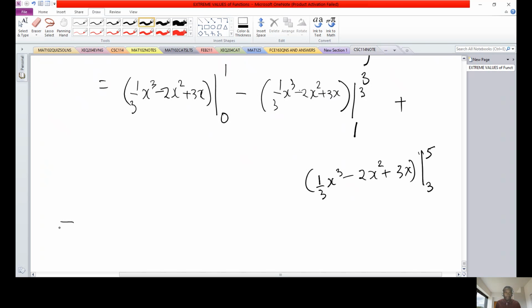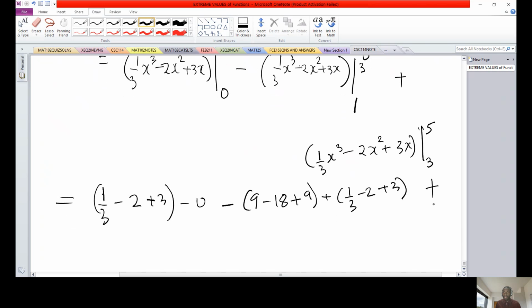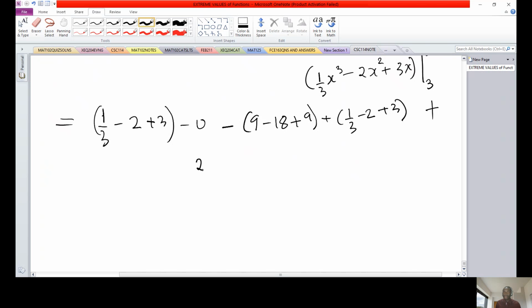Now, when you work out, the first one will give us a third minus 2 plus 3, and then minus 0 because now everything has an x, and then minus 9 minus 18 plus 9, then minus a third minus 2 plus 3, and then this last one plus 125 over 3 minus 50 plus 15 minus 9 minus 18 plus 9.